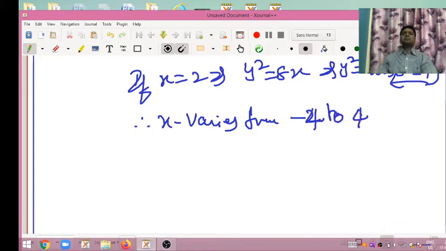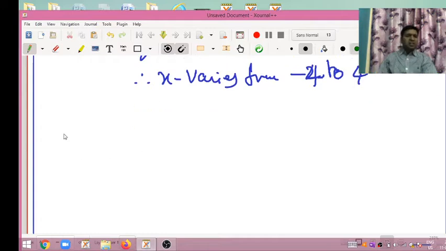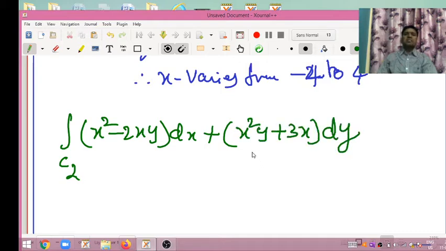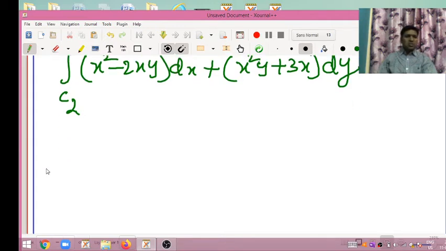So that's why the given integral over C2 is the integral of x square minus 2xy into dx, my dear friends, and also x square y plus 3x into dy is given, my dear friends. Carefully, to apply all these values, see here, the integral y value is varying, y is equal to -4 to +4, my dear friends.